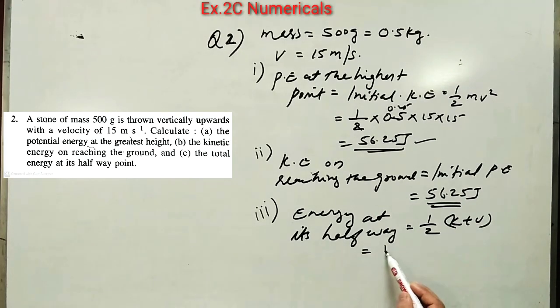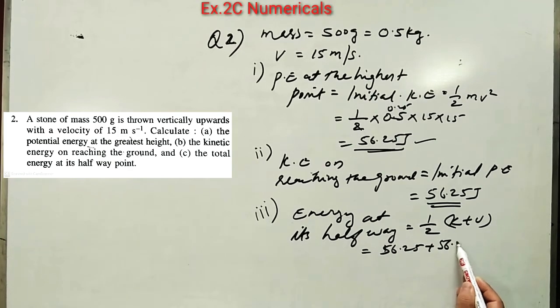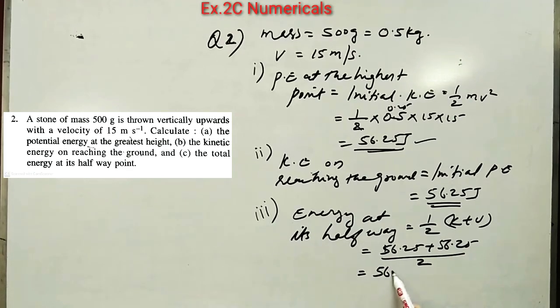We can write 56.25 plus 56.25 divided by 2, and we get again 56.25 joule. So this is the energy at its halfway, the sum of its kinetic energy and potential energy, because energy can neither be created nor be destroyed according to the principle of conservation of energy. Steps are clear to you?